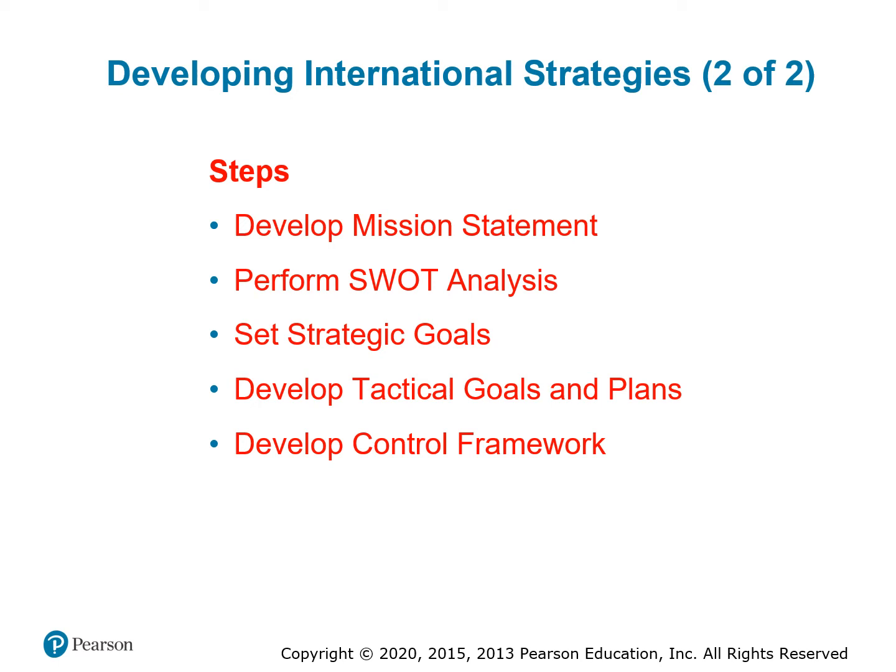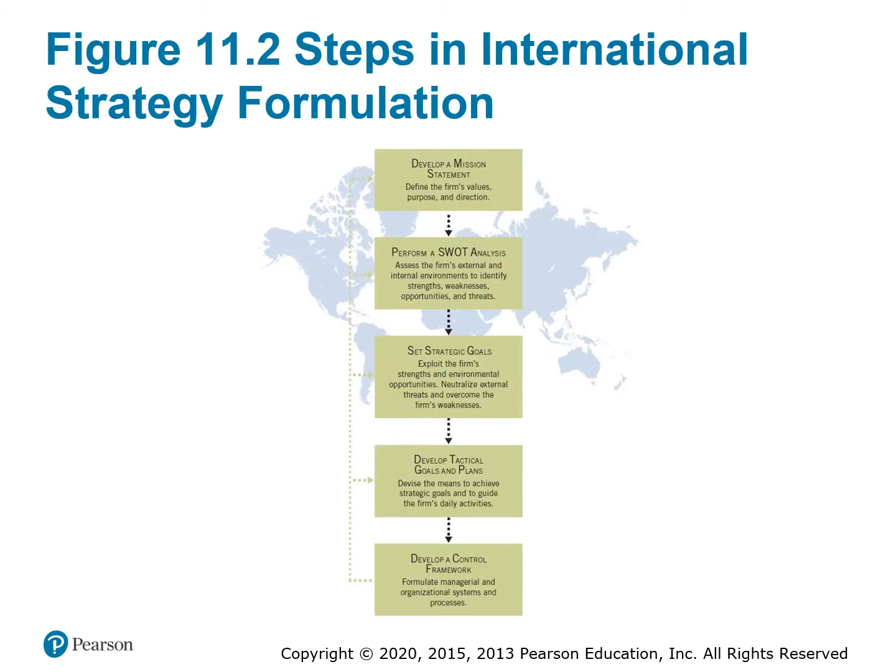These are the steps firms implement in developing international strategies. Firms have a unique strategic planning process to meet their own resources and capabilities. Yet, there are some basic steps managers of firms follow.